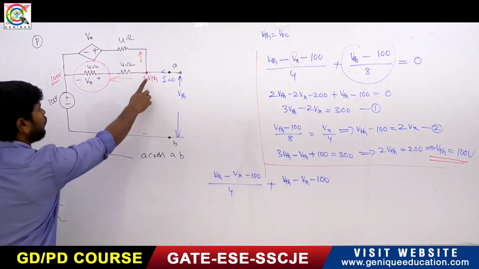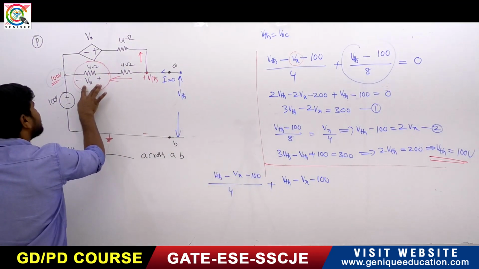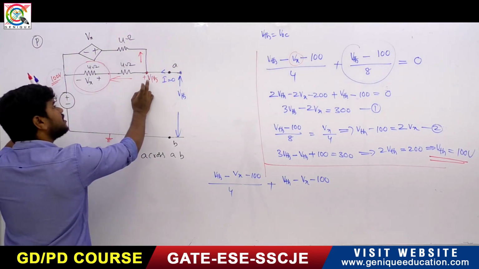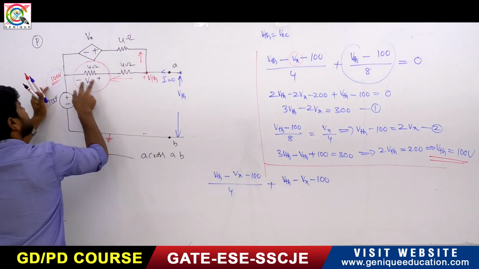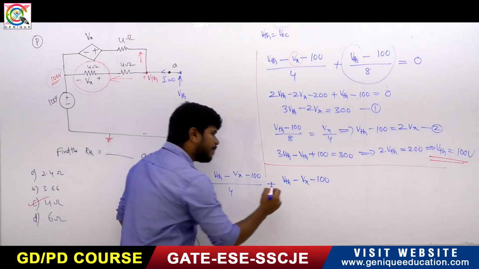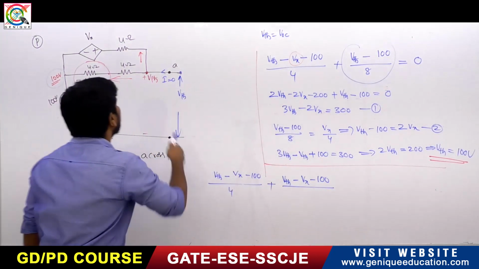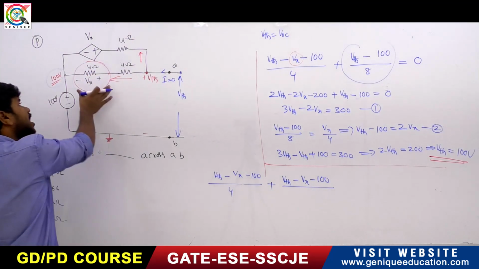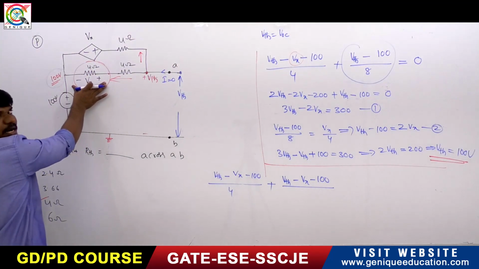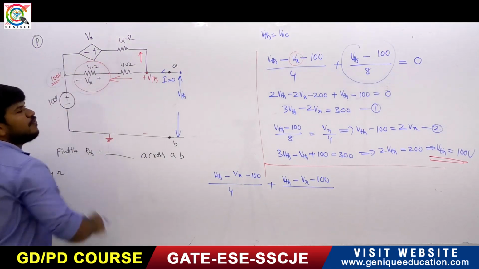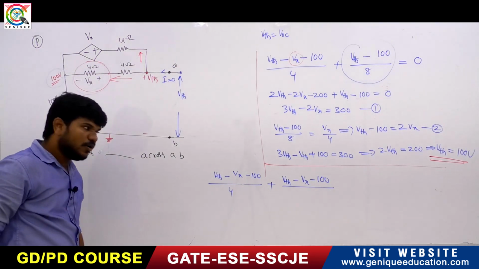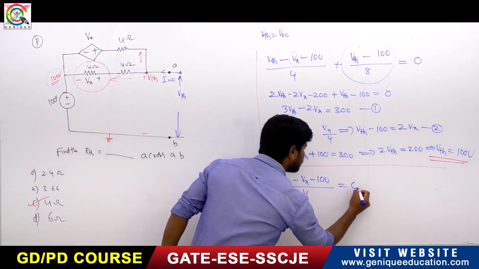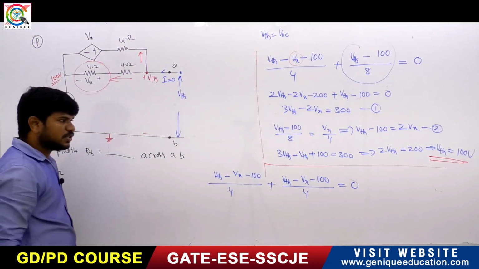Remember that. VTH minus Vx minus 100. So what is the voltage difference between these two? VTH minus Vx minus 100 divided by 4. I cannot write this 8, because I have also used the drop here. I should not include this 4 ohms again. Okay, so I can also use this. It is equal to 0.